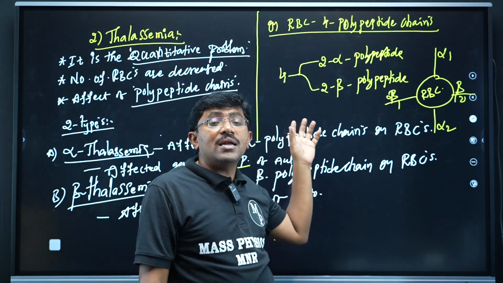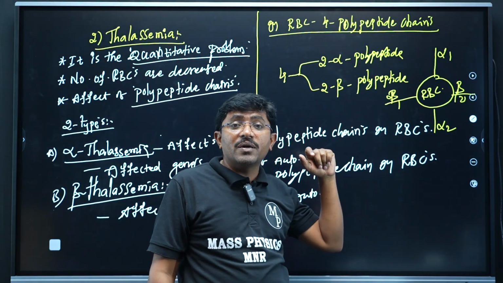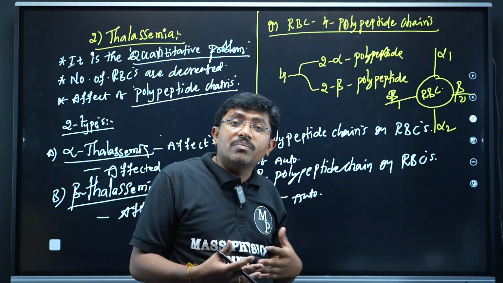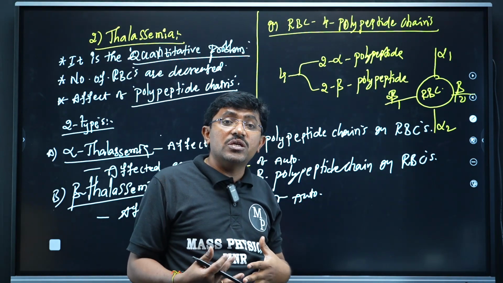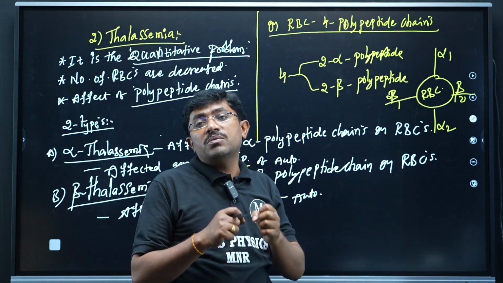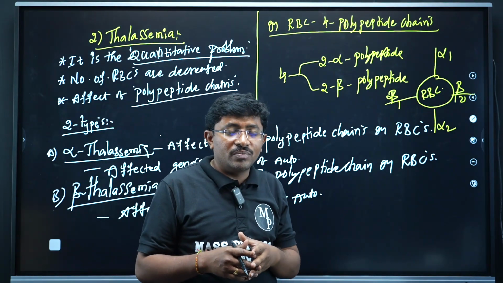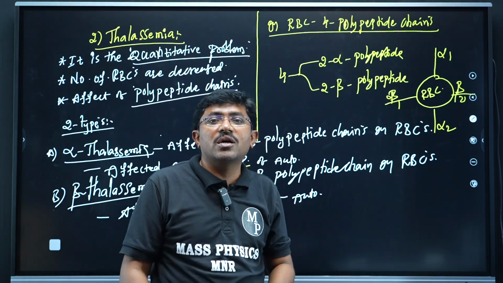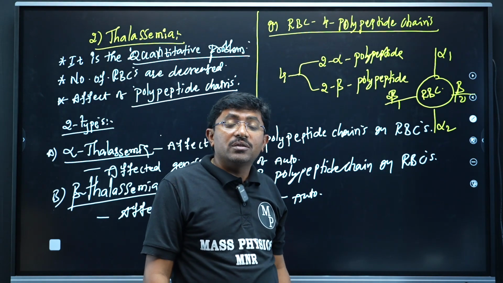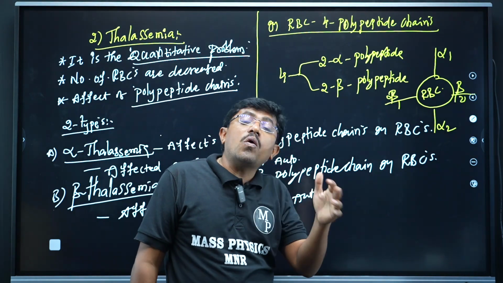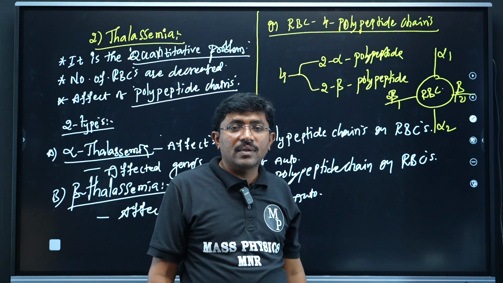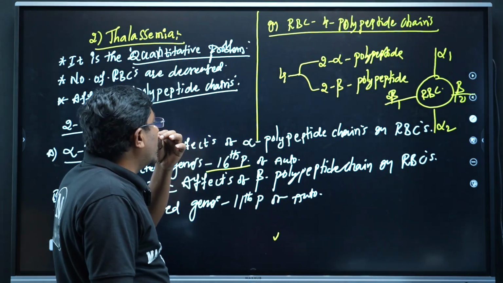Thereby, the imbalance of polypeptide chains is there, and finally, by the increasing oxygen tension in the RBC, it ruptures, bursts, means the RBC structure is destroyed. Thereby, the RBC count will be reduced. So, this is the important thing.